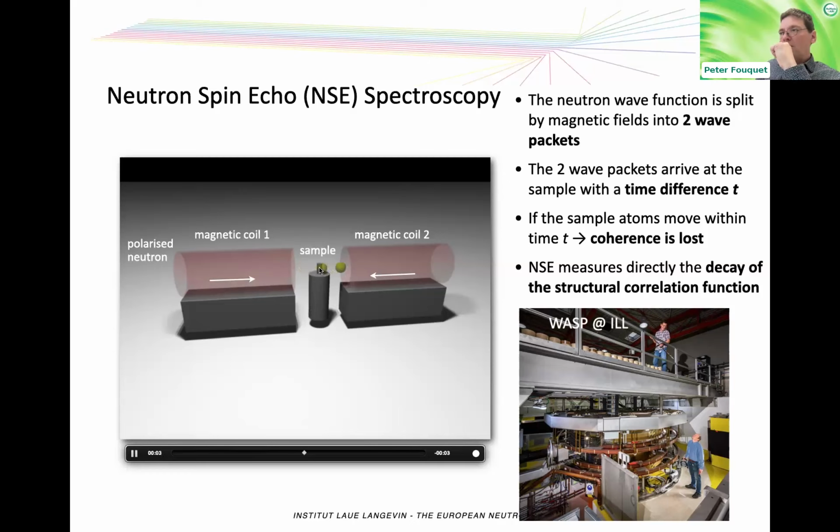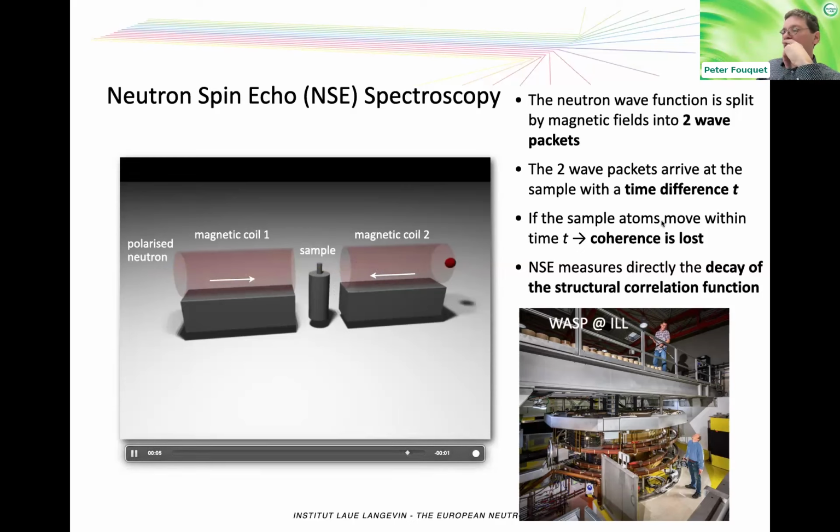These two parts will interact with the sample with a time difference t, and then recombine in the second half of the spectrometer with an opposite magnetic field. And then at the end of this spectrometer, you can measure the loss of polarization of the spin property.